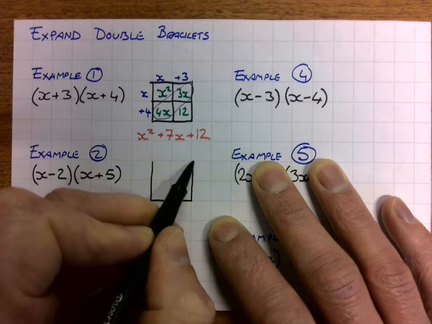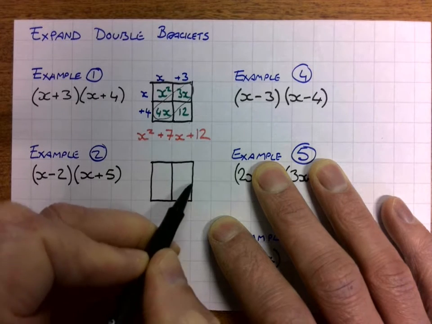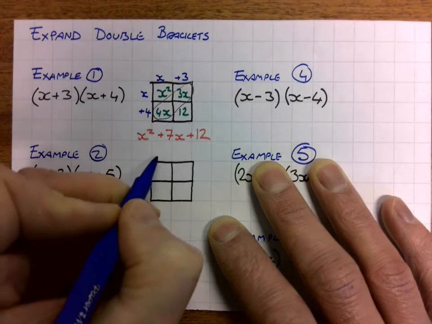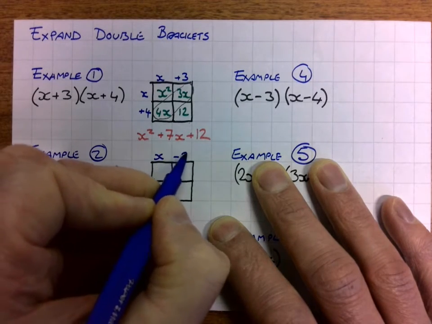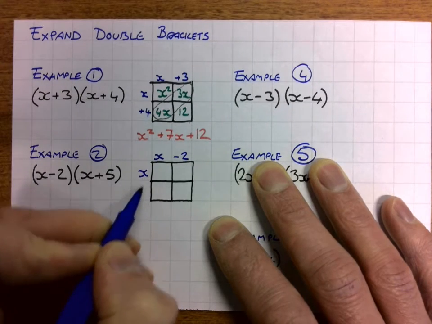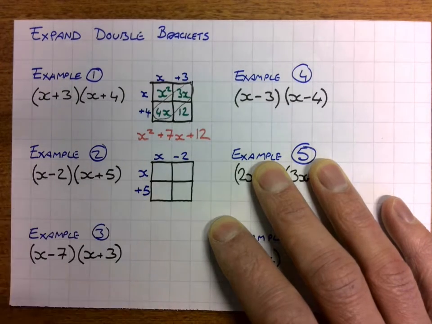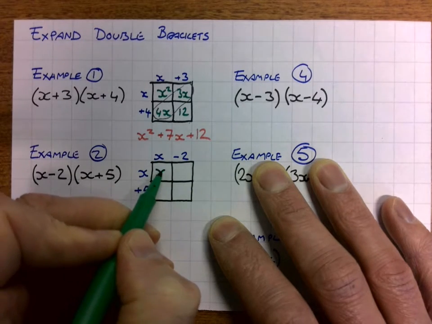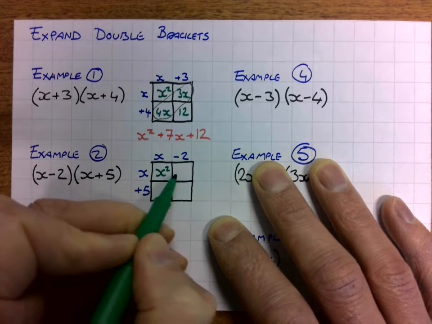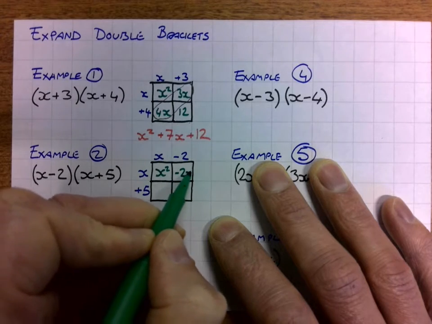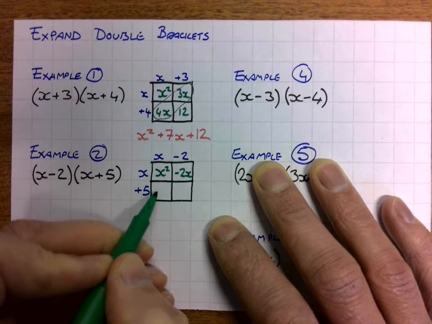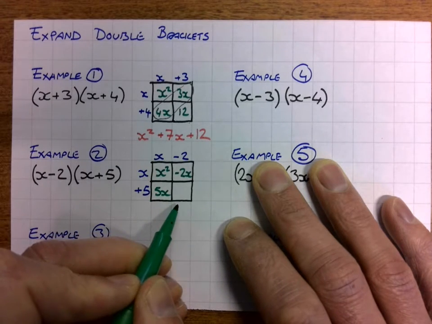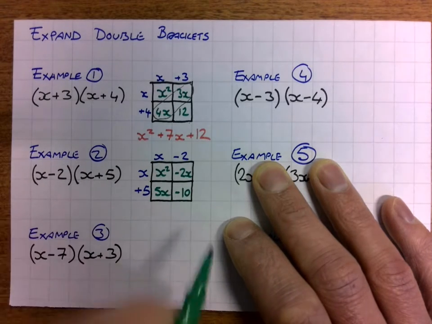So we draw our boxes and write the question: x take 2, x add 5. x times x gives me x squared. x times minus 2 is minus 2x. Positive 5 times x gives me 5x. Minus 2 times 5 is going to give me take away 10.